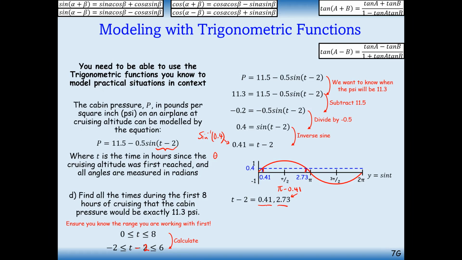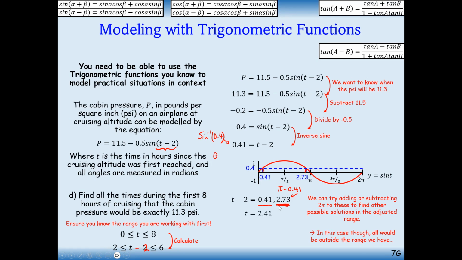If we subtract 2 pi from 0.41, that would be too far to the left, and if we subtract 2 pi from 2.73, it would be too far to the left as well. So we actually need to add 2 pi to each of these two values. Adding 2 pi to both of those values will give us these other answers as well.